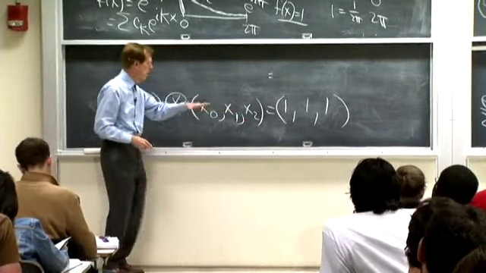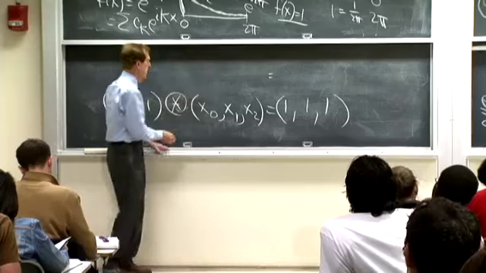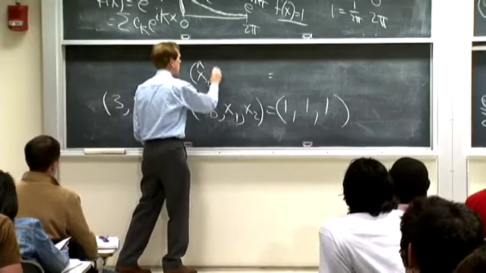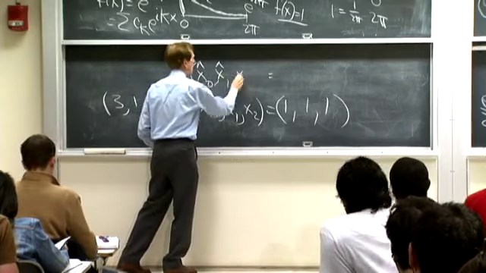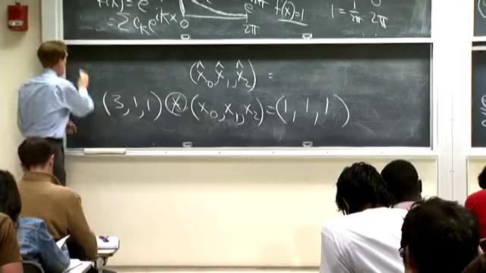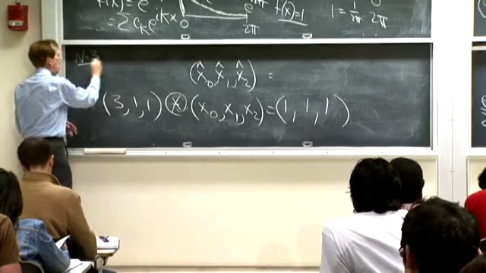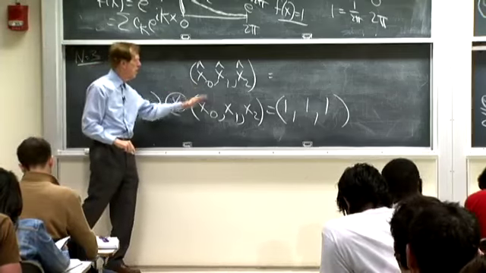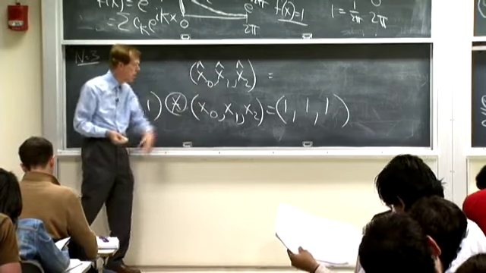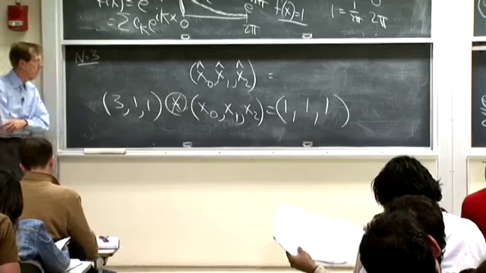So let me call it x0 hat, x1 hat, x2 hat, just to emphasize. So n is 3 here in this problem. Or maybe c0, c1, c2, you might prefer, whatever.